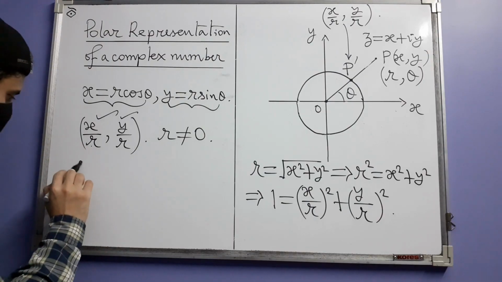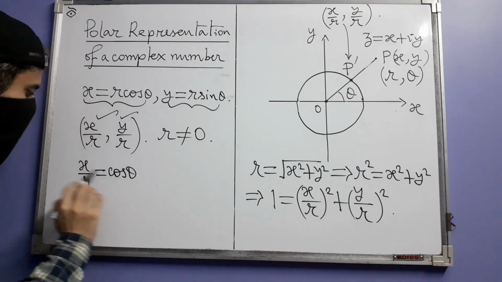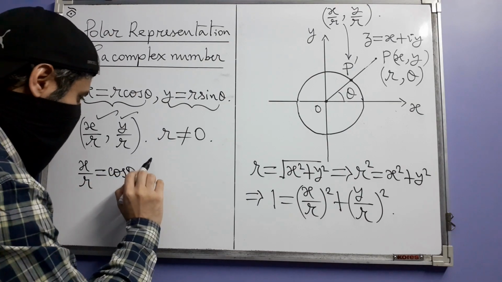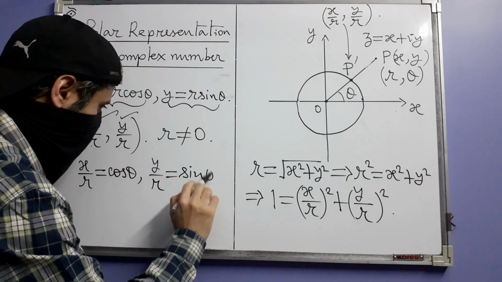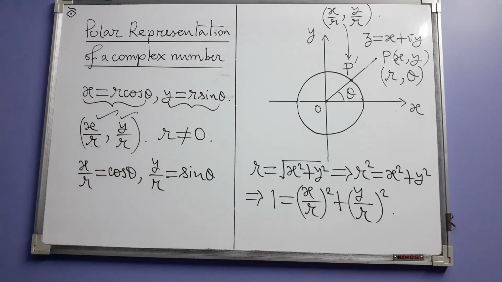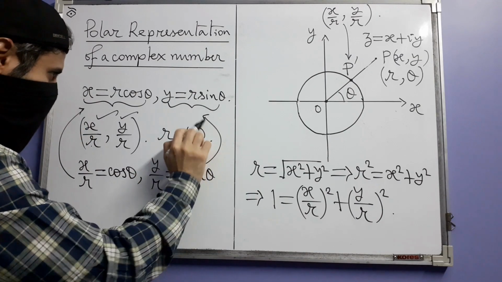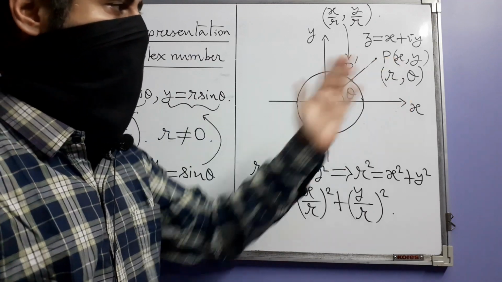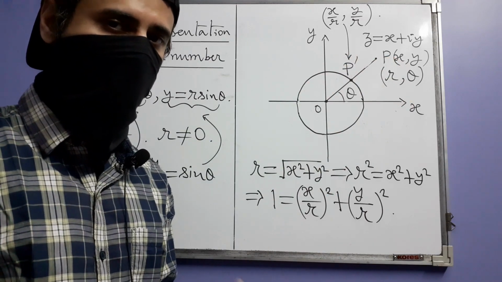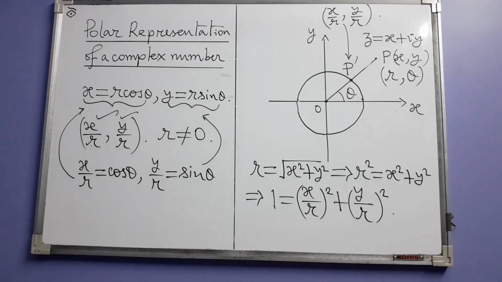This is the x coordinate, so this should be cos theta because this is what cos theta means, and this is the y coordinate, so it should be sin theta. And this relation gives you this and this one gives you this. So that's how the relationship between Cartesian and polar coordinates arise. Okay, fine. So we have understood this.